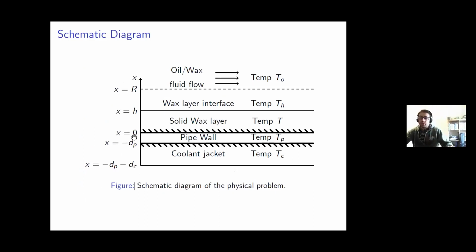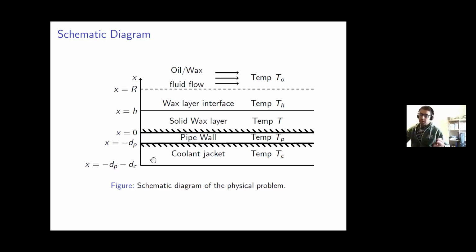Where x equals 0, we have the interior pipe wall. We say the thickness of the pipe wall is d subscript p. Additionally, in this case we're considering the experimental setup, and we consider the thickness of the coolant jacket surrounding the pipe to be d subscript c.